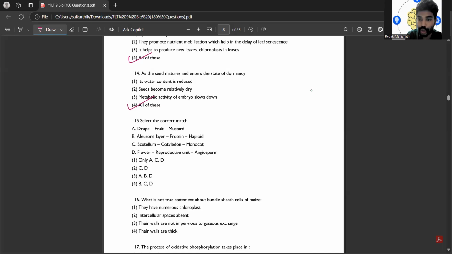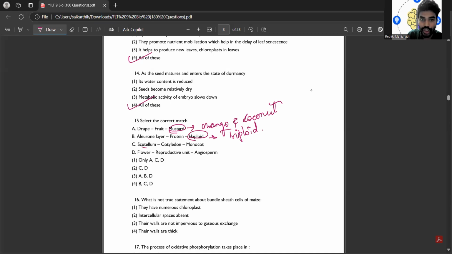So drupe is a fruit. Instead of mustard, it is actually, you will be seeing in mango and coconut. And aleurone layer, it's like the protein. Instead of haploid, it is triploid. Then you have this thing, right?